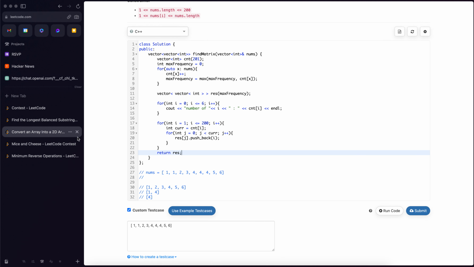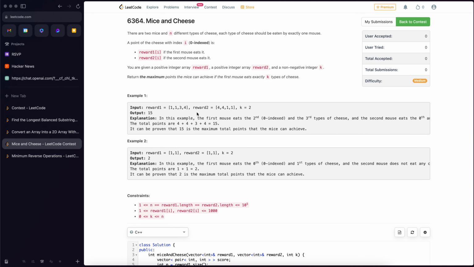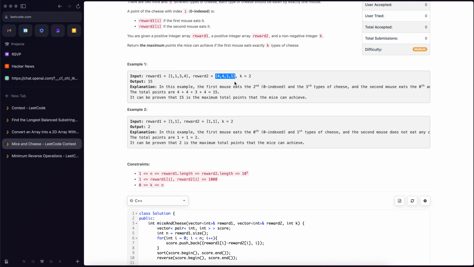Yeah. So this was second, and then third was mice and cheese. In this there were 2 mice, right, and n different types of cheese. Each type of cheese should be eaten by exactly 1 mouse. And if the first mouse eats the ith cheese, he would be getting reward i, and if the second mouse eats it, he would be getting reward 2i.